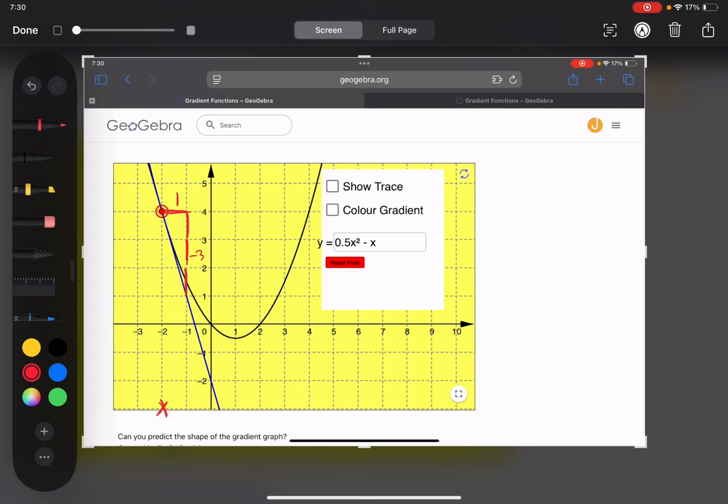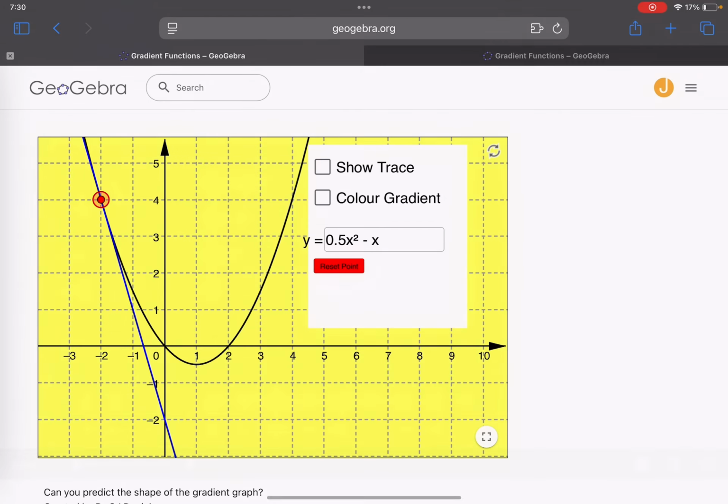So my gradient function is going to go through the point minus 2, minus 3. And you can see that point has now been plotted onto this graph. As I move along the curve, you can see how the app is drawing on the gradient function for me.